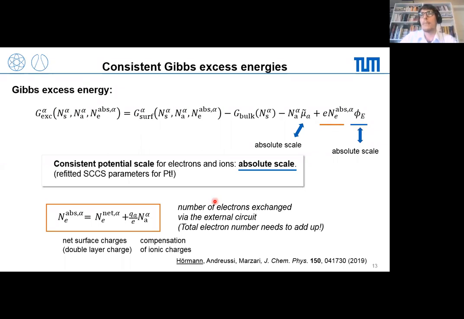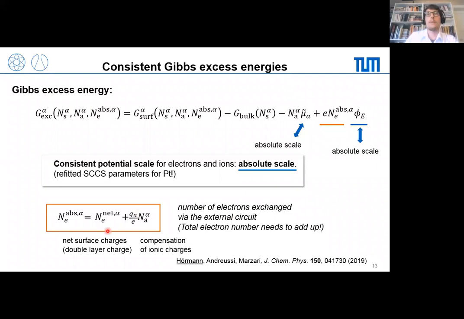And so you come up with this formula: the absolute number of electrons should be the number of electrons that compensate for the ionic charges, plus some additional net surface charges that are screened identically in the diffuse double layer.